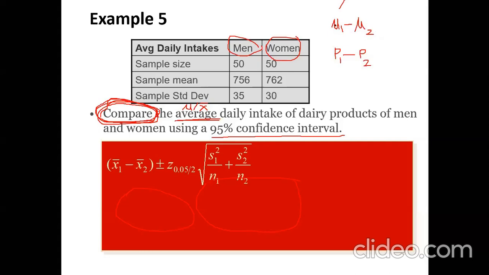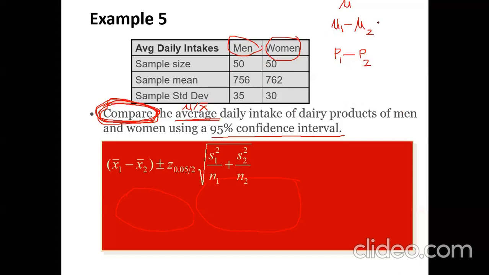So it is either mu or mu1 minus mu2. How do we know which? The first clue is comparison, and the question also wants you to compare the two groups, the samples of men and women.